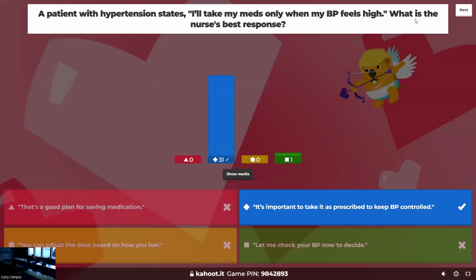Yay, almost everybody got that one. It's important to take your medications to keep your blood pressure controlled. And I think I've heard a patient actually say that before.